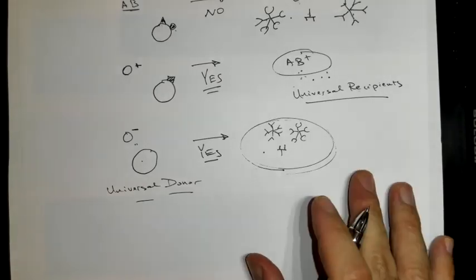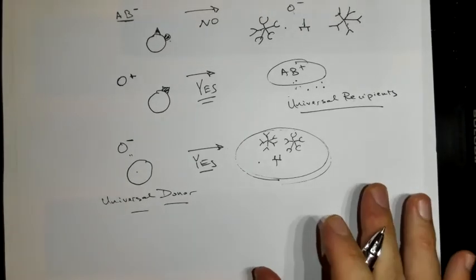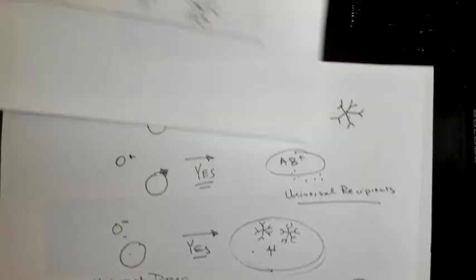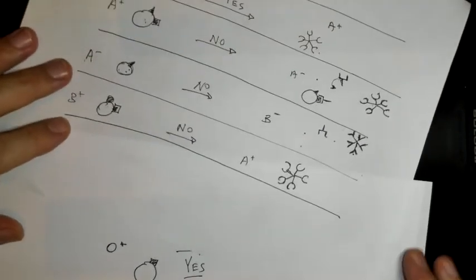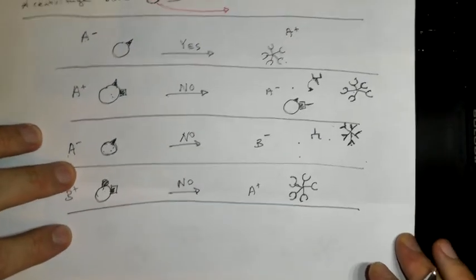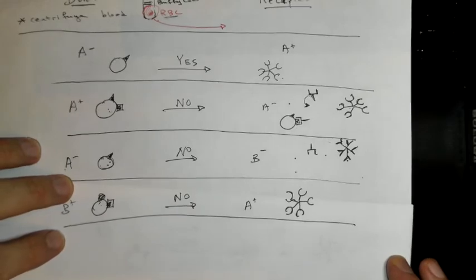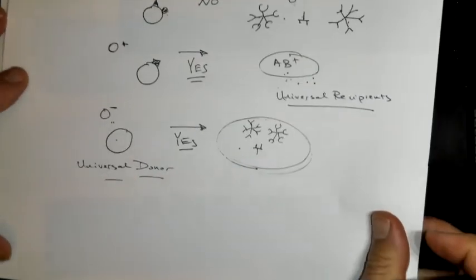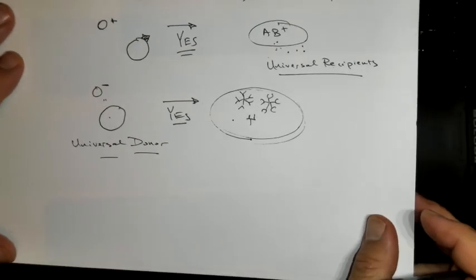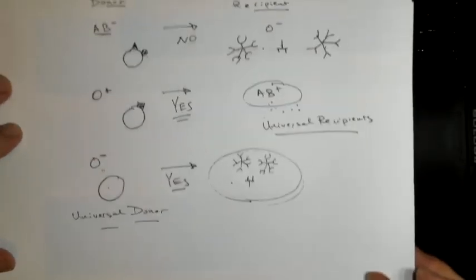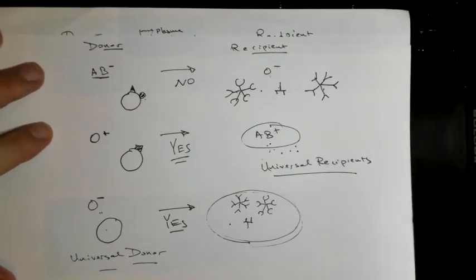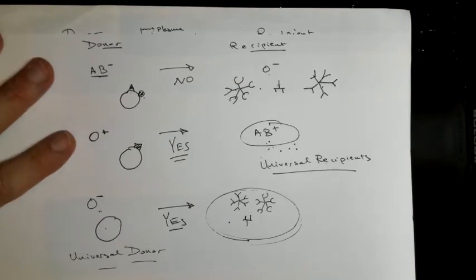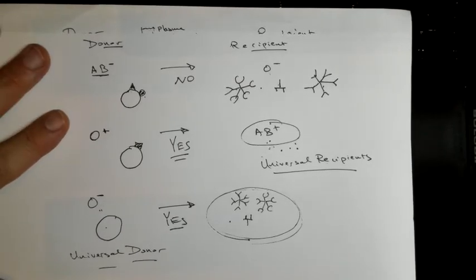So I do suggest doing some of your own examples just for practice, just to make sure that you have understood this. This is the way that I do it and my method of doing it, which I find does not give me any room for error to where I don't make any mistakes.